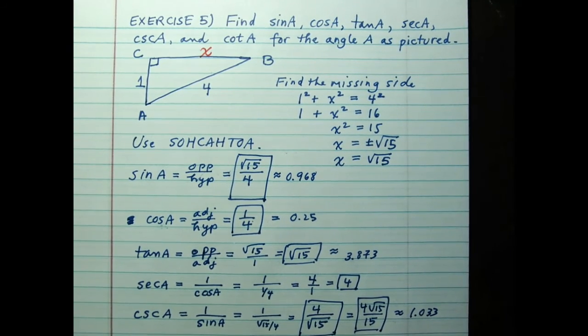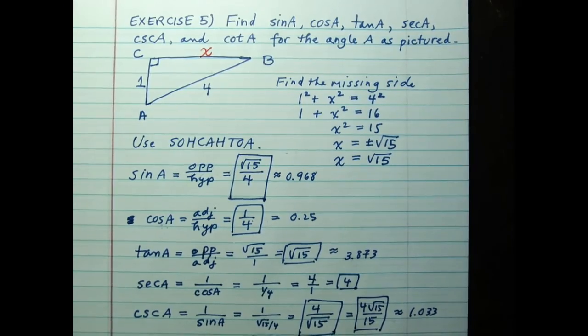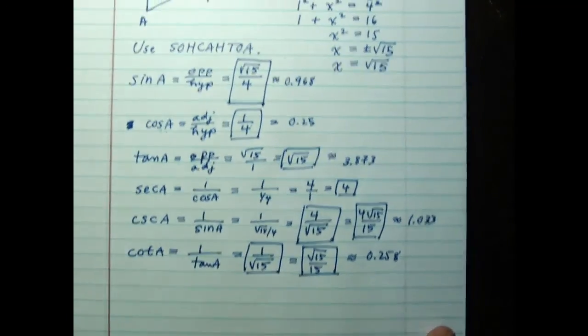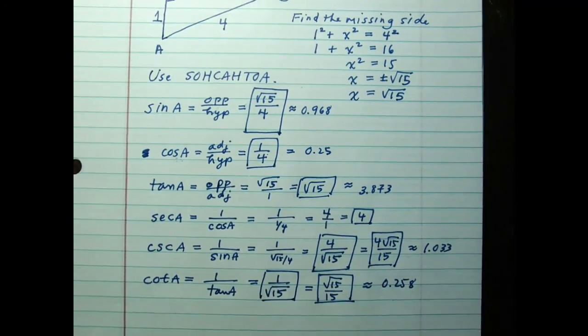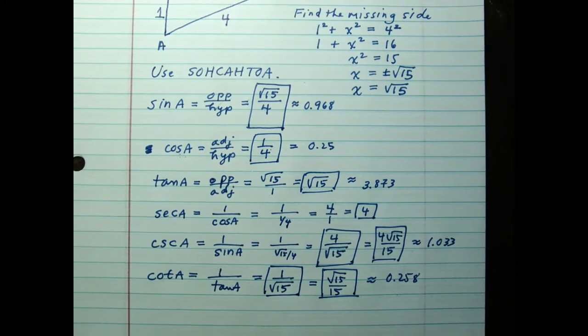And a decimal I have for that is 0.258. Cotangent of A. And I think we're through with exercise 5. We found the 6 trig functions of A where A was pictured.